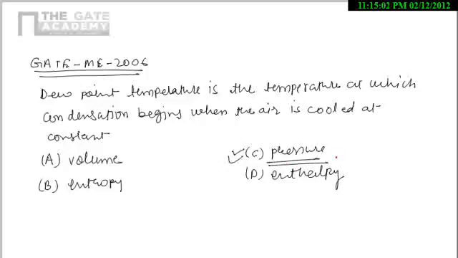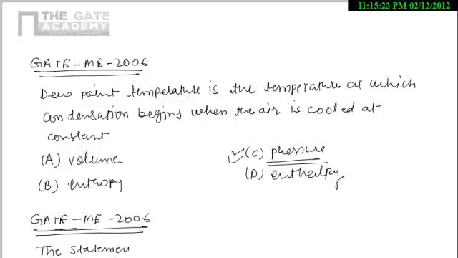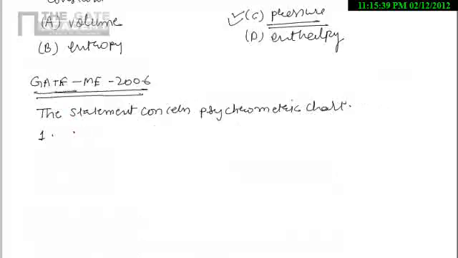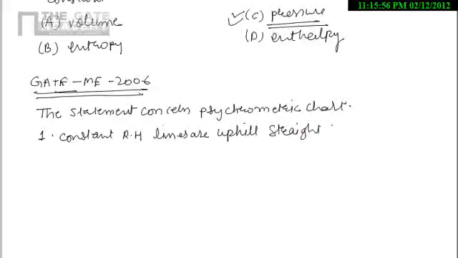Now let's take another problem which was asked in GATE 2006. The statements concerning the psychrometric chart. Number 1, constant relative humidity lines are uphill straight lines to the right.